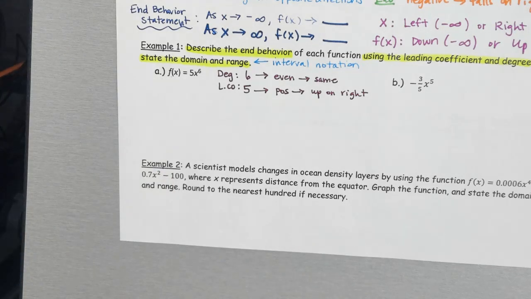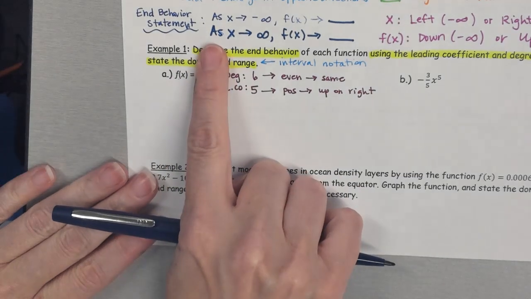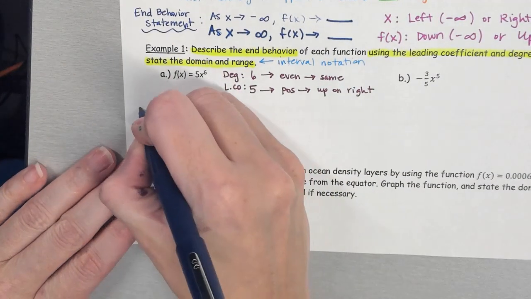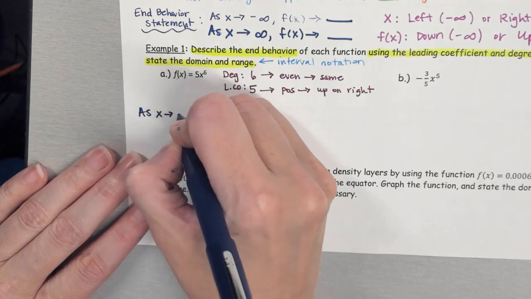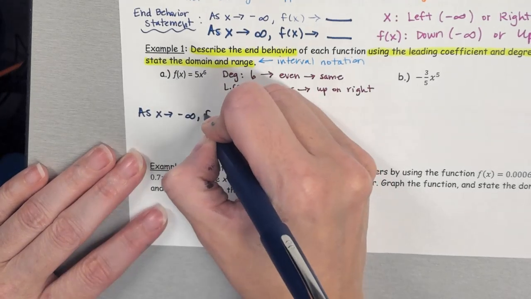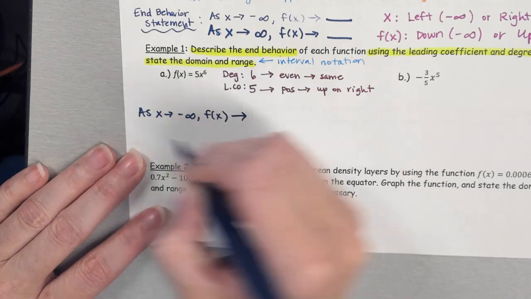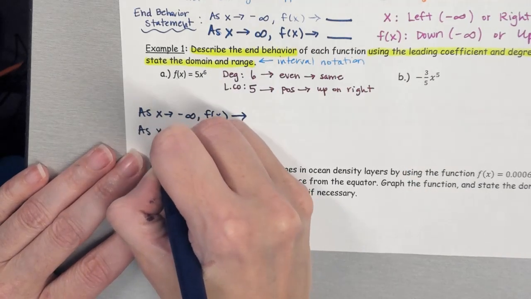What we're going to do when we create our function is use this end behavior statement. It says x goes to negative infinity, f of x goes to, and we'll fill that out in a moment.